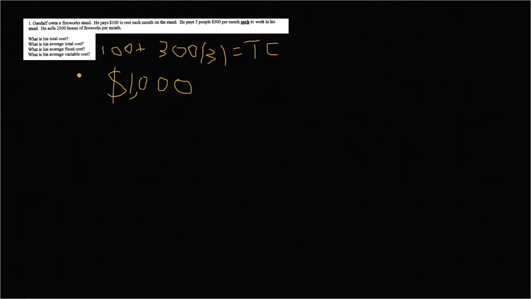Alright, average total cost, ATC. What is average total cost? So the average total cost, we're going to use the total cost, and then we're going to divide it by the number of units, so Q. So we have now total cost, which is 1,000, and then we're going to divide that by 2,500.